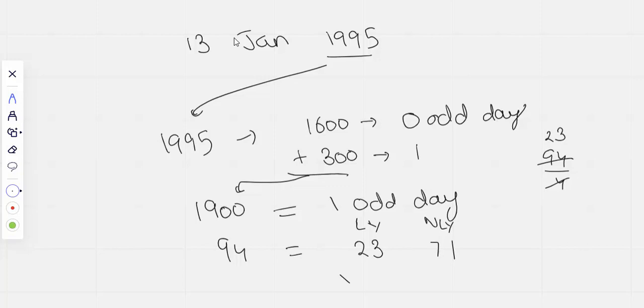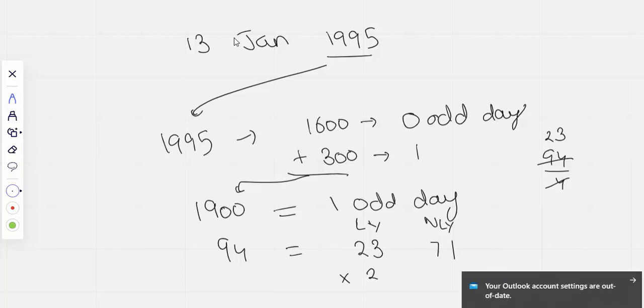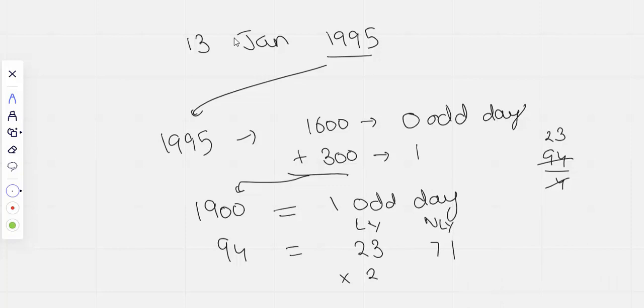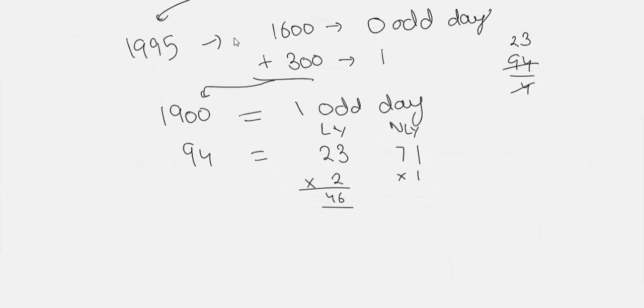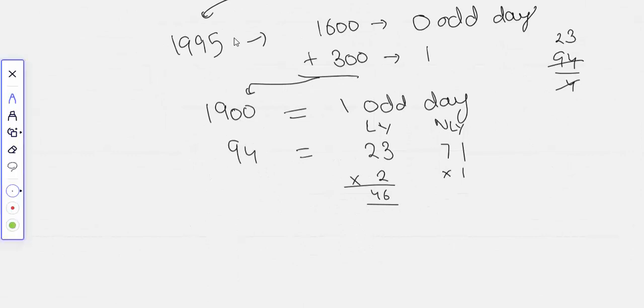So again, in order to find the number of odd days, we'll multiply the leap years by 2, and multiply the non-leap years by 1. We'll get 46 and 71.